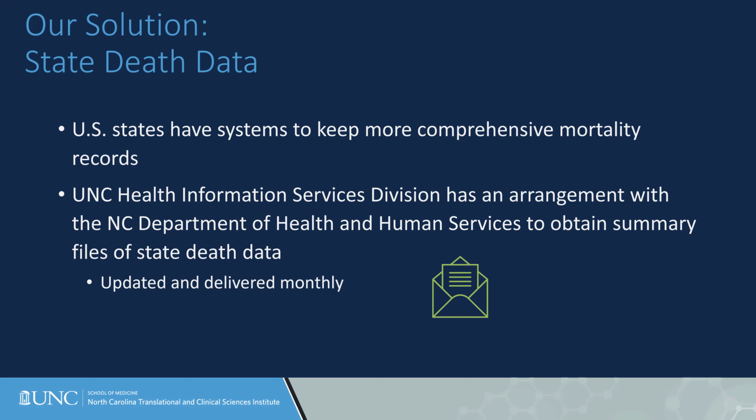Those get updated on a monthly basis and then delivered to us on that same timeline. So this is really the first big challenge overcome here. We have access to a source of much more comprehensive death data that we should be able to use to fill in all of what's missing in our EHR.